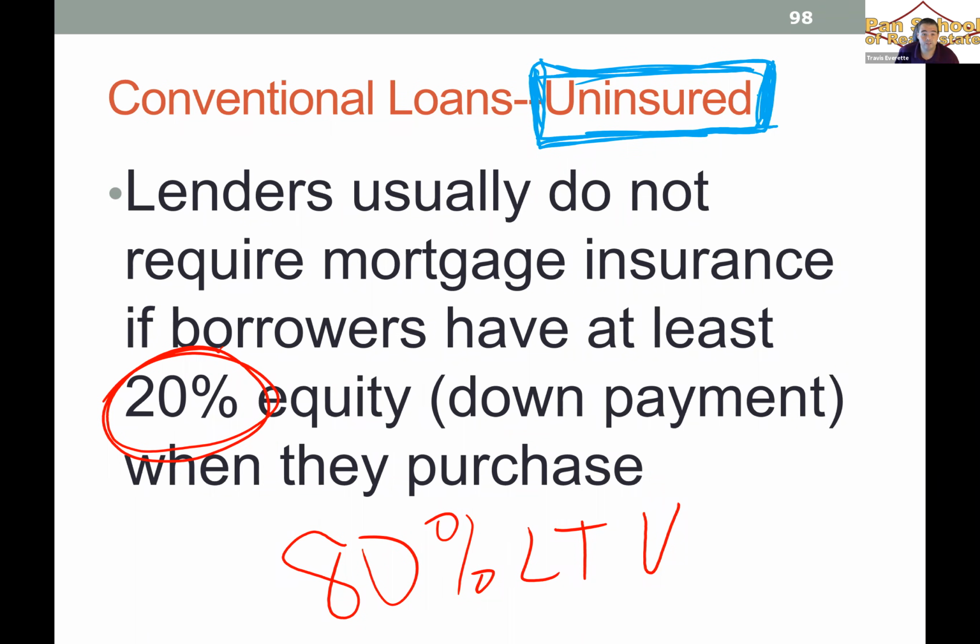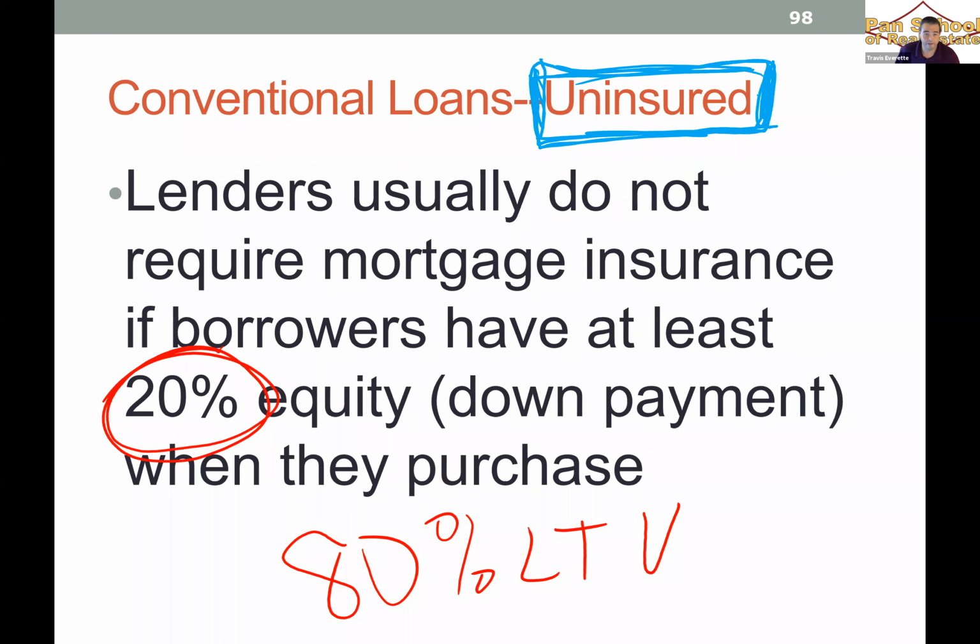And Latasha, to follow up on your question, this is where PMI comes into the picture. Because these loans have nothing to do with the federal government, if a conventional loan does need insurance, it would get private mortgage insurance, or PMI. It would not get government mortgage insurance.